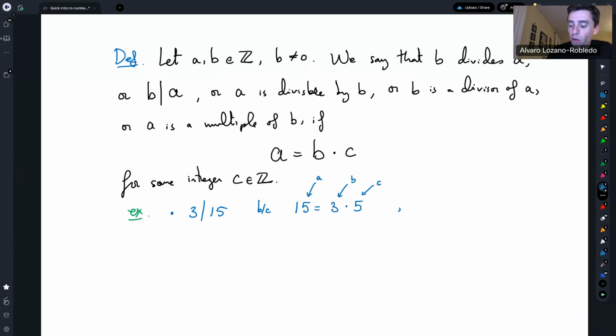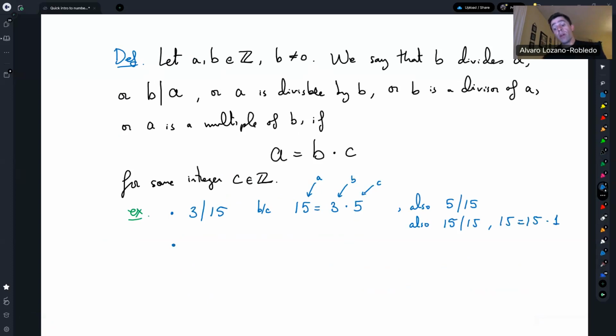By the way, this equation also implies that 5 divides 15. And also, 15 divides 15, not because of that equation, but because 15 is 15 times 1.